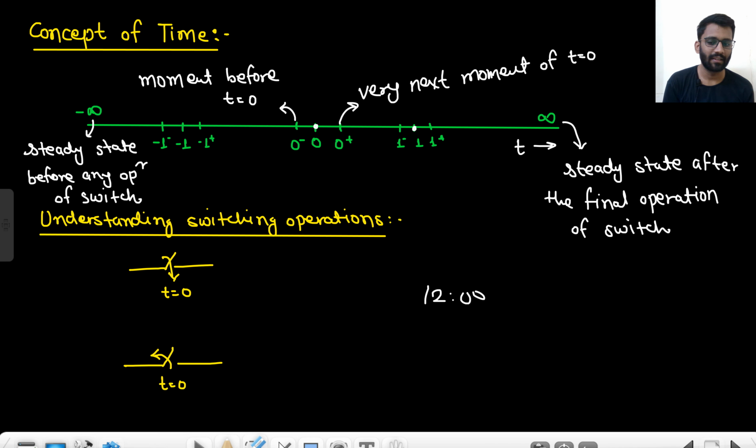You are just calling any particular time t equals 0. So before that as well, there can be something happening in the circuit. So that is happening before t equals 0. So this much time span is from here to, how should I show it. Just a second.